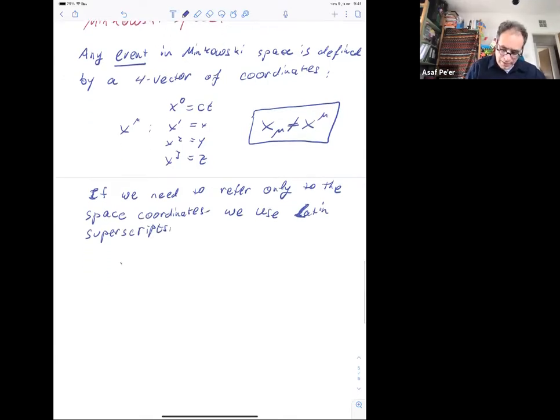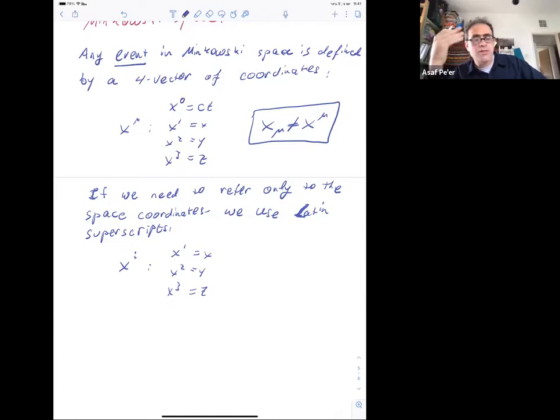So x^i, right? x1 is x, x2 is y, and x3 is z. The only place in the course, if I remember properly, that we use that is in the cosmology part. Normally, we're using the 4 vectors and we denote them with Greek letters. It can be x mu, x alpha, x rho, many letters. Most frequently you'd find in literature mu and nu. Nu or ni, I'm always confused. Get used to it. That's a very good opportunity to refresh your Greek knowledge because we're going to use a lot of Greek letters here.